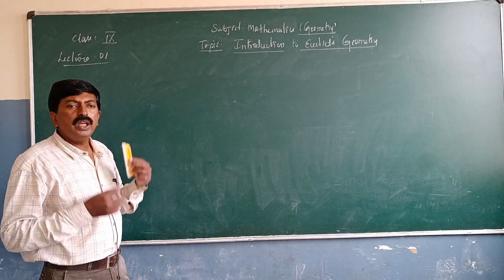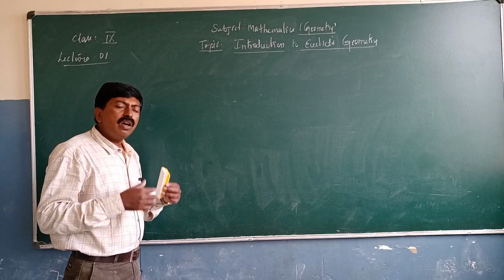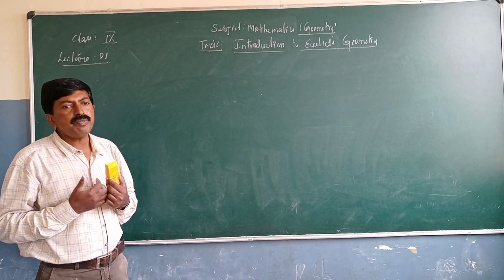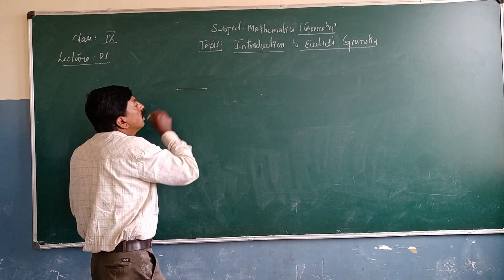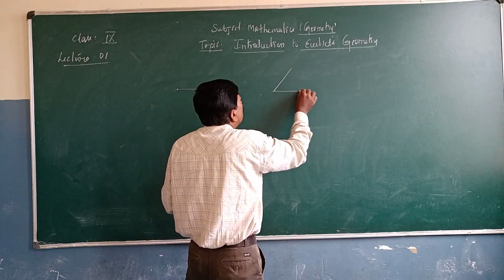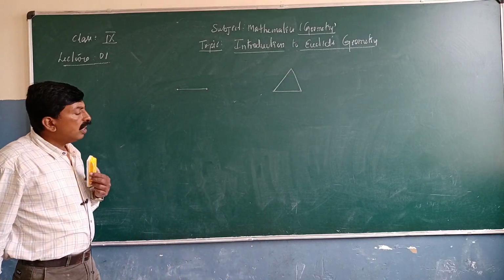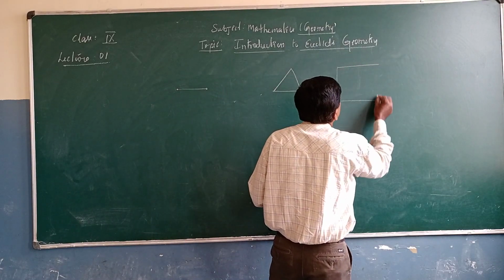Now come to another concept. Geometrical figures have different shapes and different areas. Observe carefully. This is a line, here is a triangle, and here is a cube.